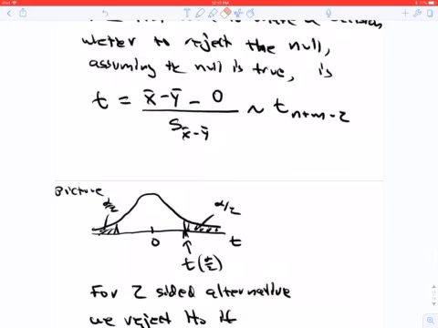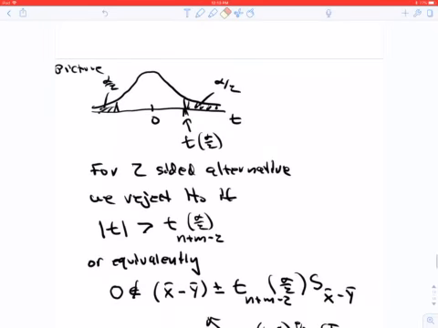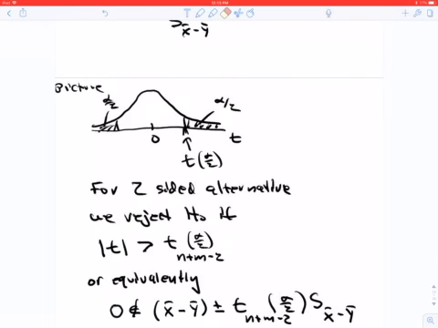Alpha is your level of significance. We know from the previous theorem that assuming the null distribution is true, that this t here is from a t-distribution with n plus m minus 2 degrees of freedom.